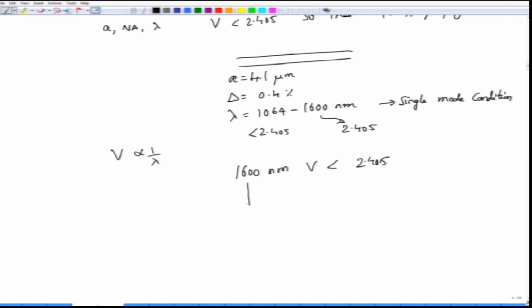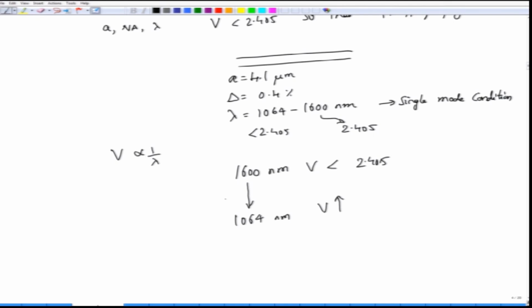Now as you start decreasing this wavelength and reach say 1064 nanometer, what you would see is that V number has actually risen up, because all the other parameters are constant, but your wavelength lambda has decreased. Since lambda has decreased, V number has gone up.